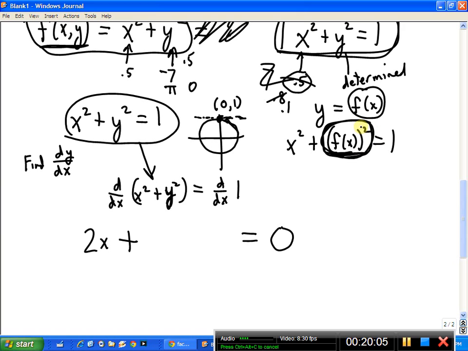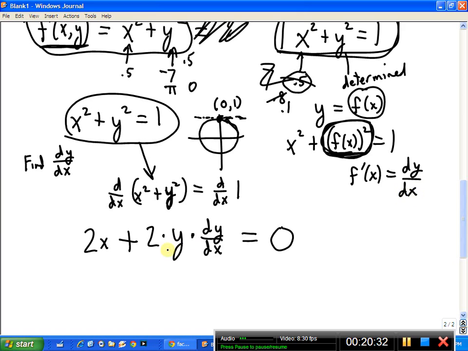You use the power rule here because it's 2 times y. I'm not going to write f of x. 2 times whatever's there. But the chain rule says you've got to multiply by the derivative of what's inside. So this is going to give you the derivative of y with respect to x. The derivative of what's inside is f prime of x, which of course is the same as dy/dx.